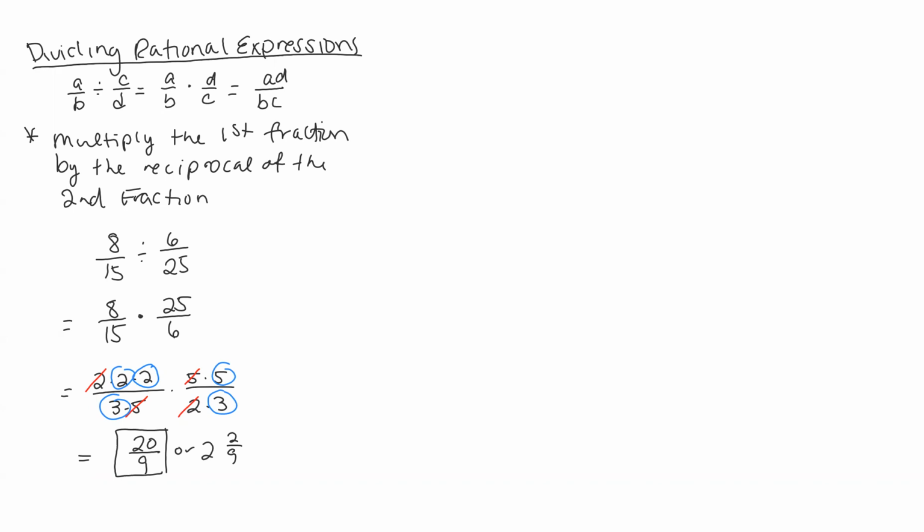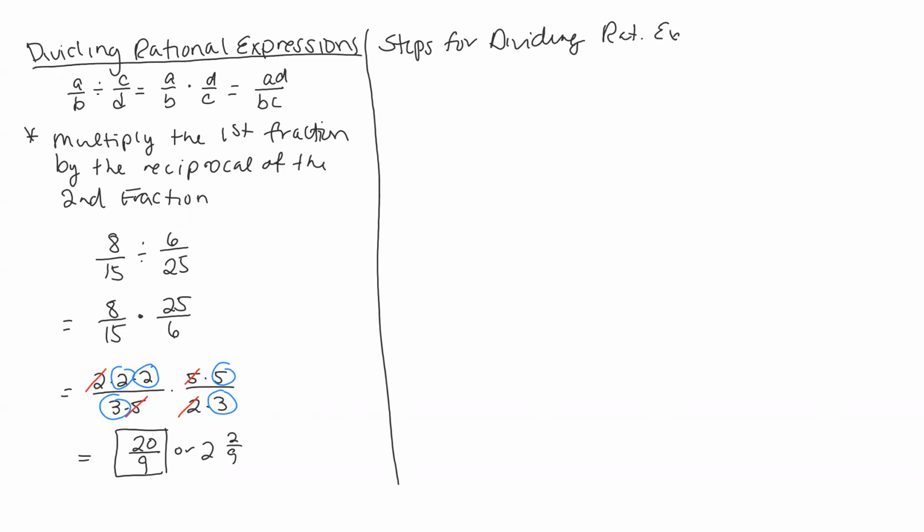All right. So we're going to do the same thing, but with rational expressions. So let's get steps. So steps for dividing rational expressions. Step 1, convert to multiplication.